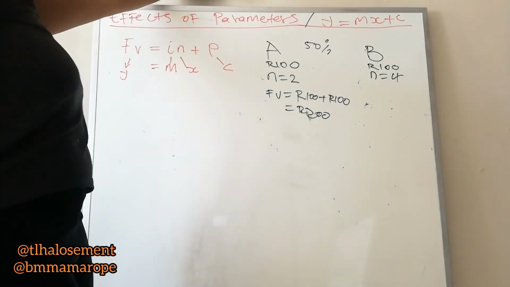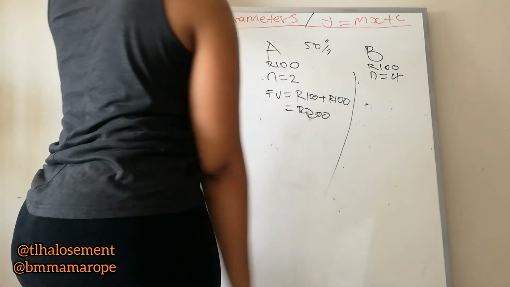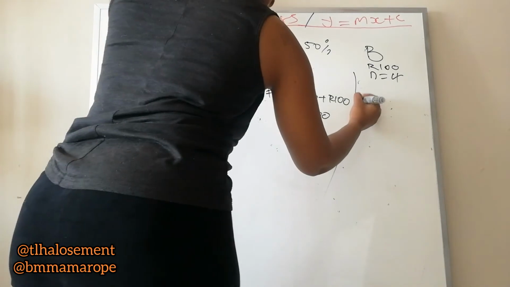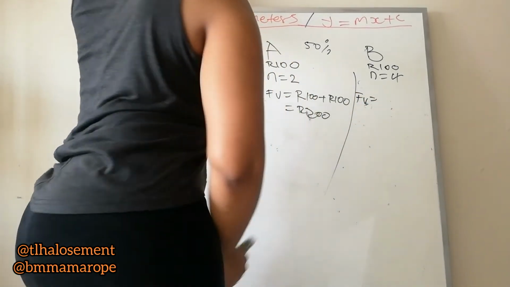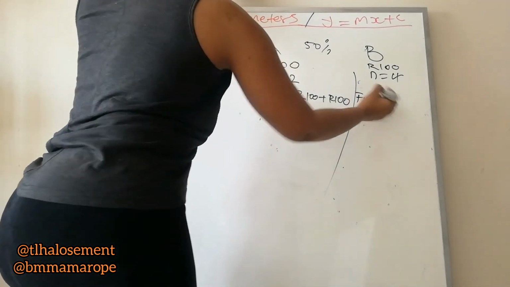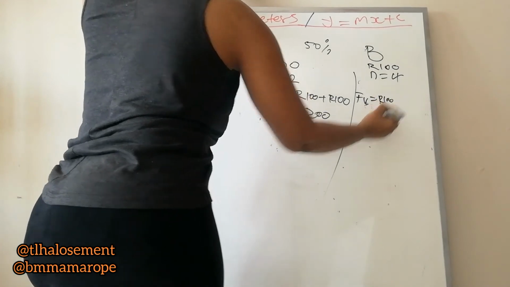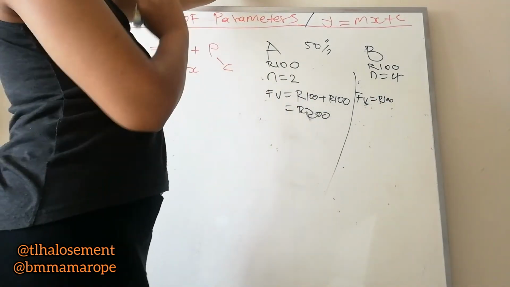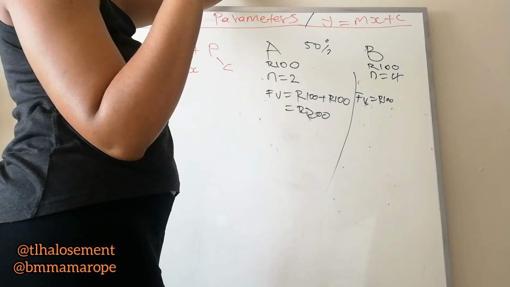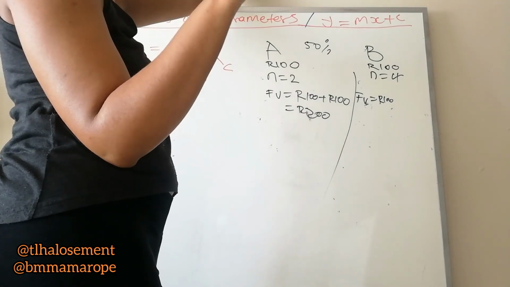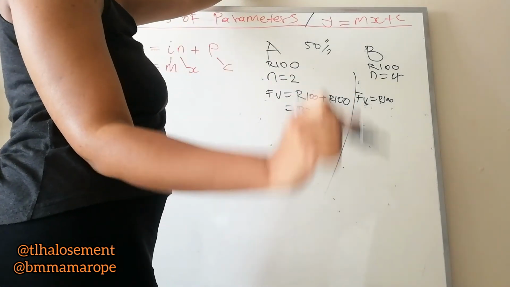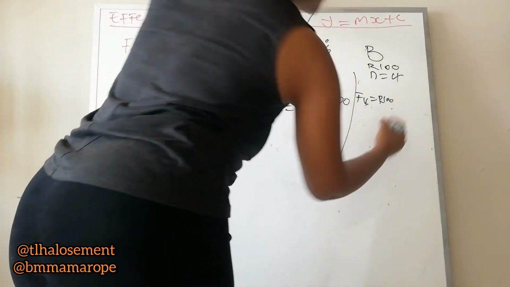And that other person decides to say, no, I'm gonna leave my money longer. So they have a future value, which is 100 rand, their initial amount, the principal value, plus the 50 rand they collected for the next 4 years. So 50 times 4 is what? 200 rand.